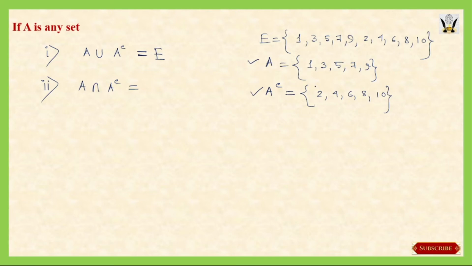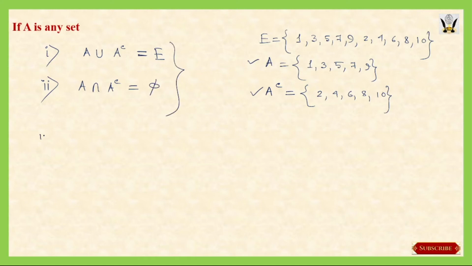So when we perform intersection, the new set will have the common elements, but when we have a set and its complement set, there will always be no common element. So if we perform intersection operation, the resultant set will have no element, because there is no common element. That means the resultant set will be an empty set.